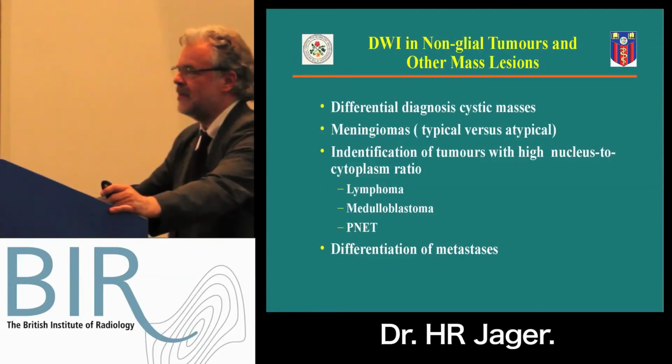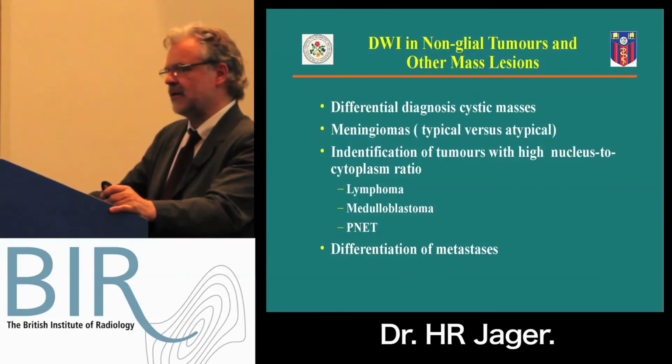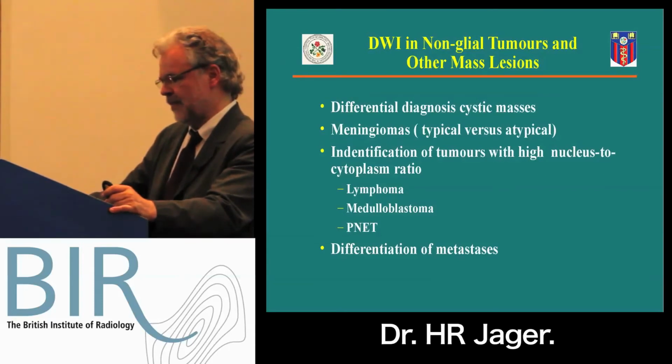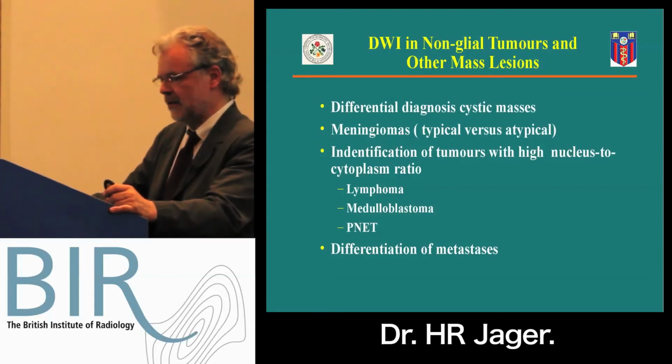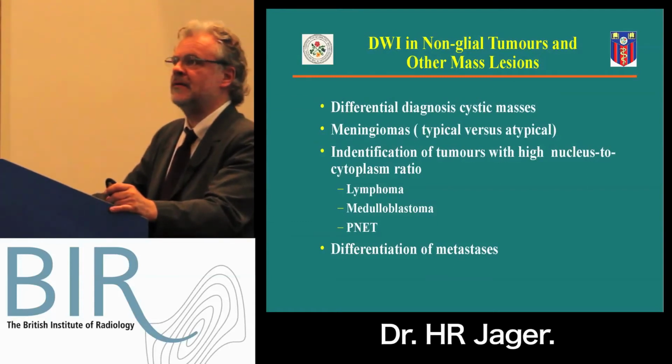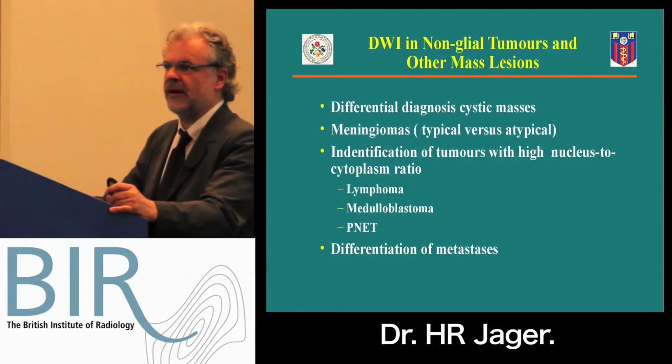Now, this was a bit theoretical, now we become more practical. What is really useful is the differential diagnosis of cystic masses. Meningiomas, you can venture to say, could it be typical or atypical? Typical means WHO grade 1, atypical is grade 2 and 3.